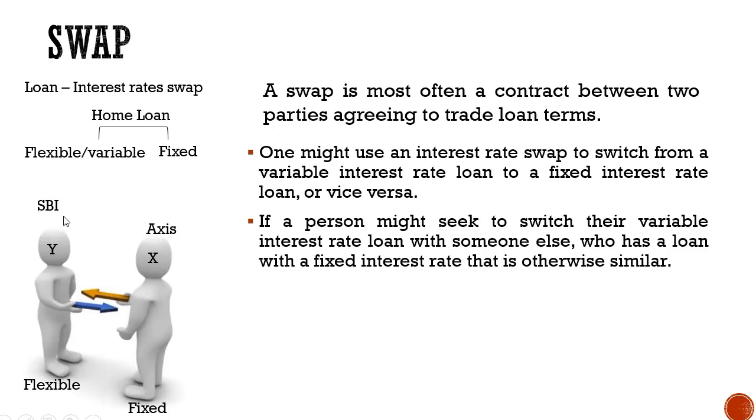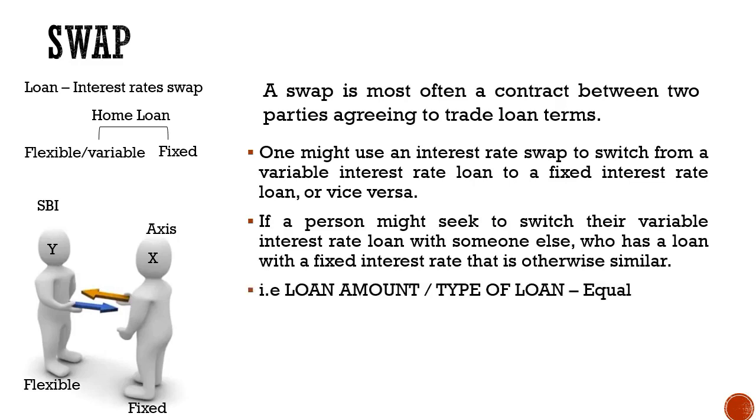So in this same example, if Mr. X wants to switch his fixed interest rate with a flexible interest rate and Mr. Y wants to switch from flexible to fixed, this case is only applicable if the type of loan is similar and the amount of the loan is similar. That is, the loan amount or the type of loan should be equal. Only then they can go for swap.